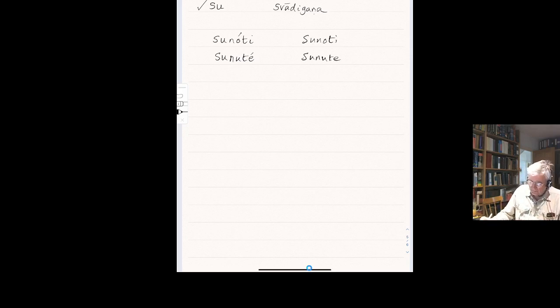Sunoti, sunute. So that's the insertion of this no or nu. Su is class 5. We now go to class 8, which is called the tan class. That's the Tanadi gana.